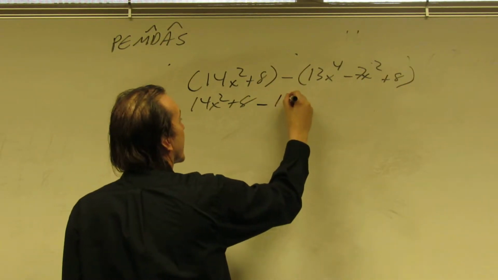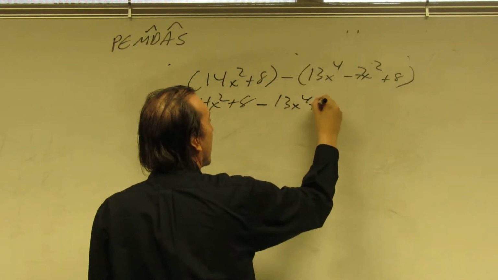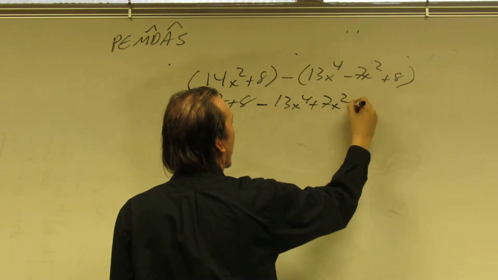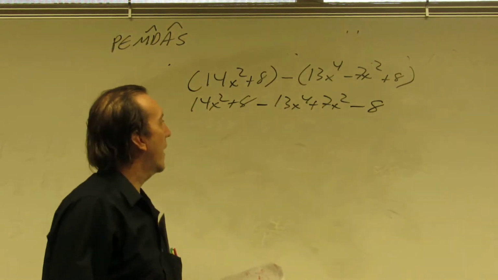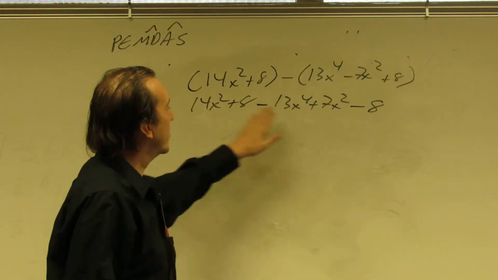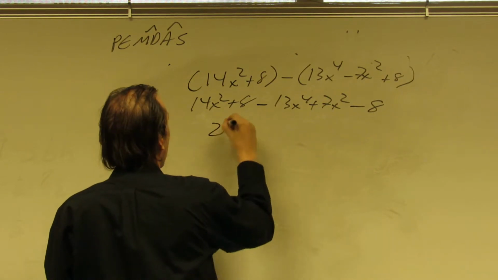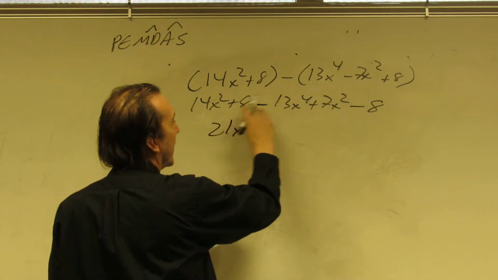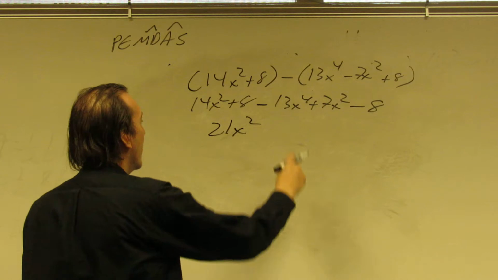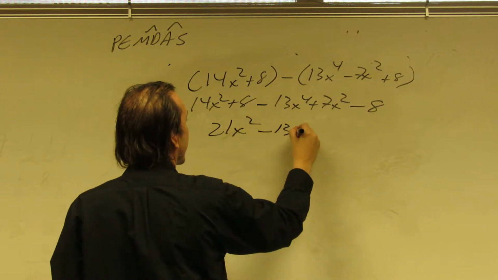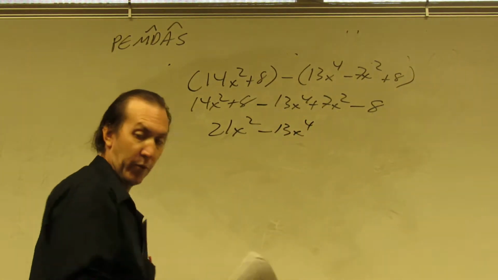So it's going to be minus 13x to the 4 plus 7x squared minus 8. Combine like terms. We have 14x squared plus 7x squared is 21x squared. We have plus 8 minus 8, which is 0. And we have minus 13x to the 4.